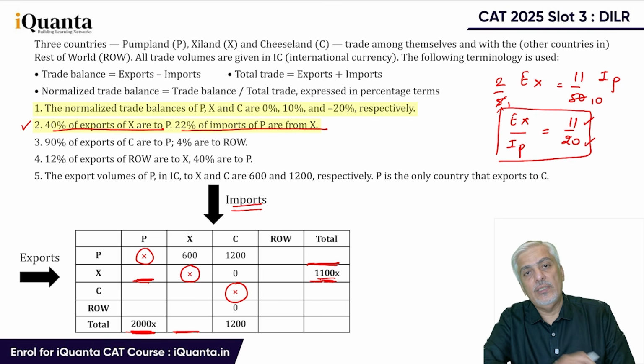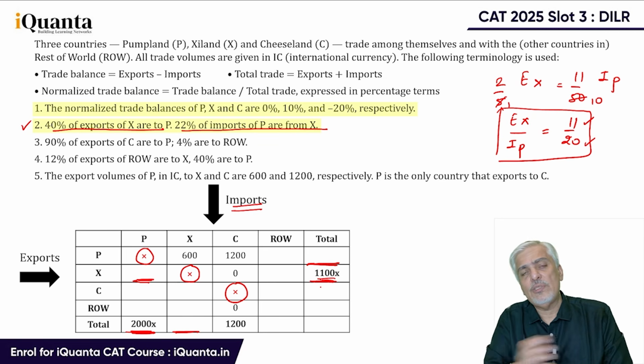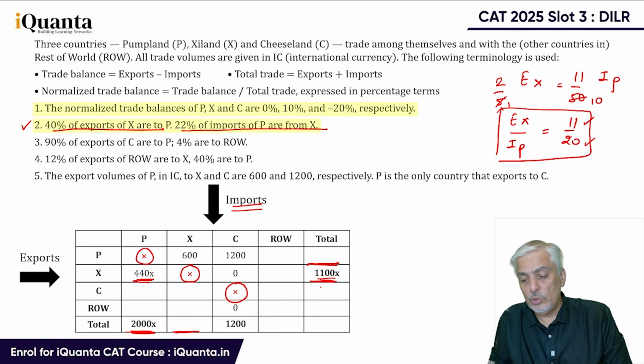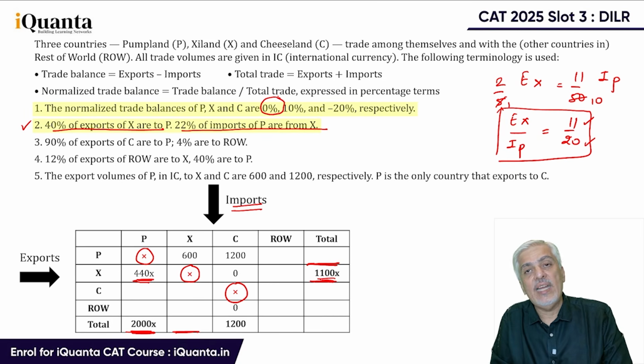It will be the same. 40% of 1100 will be 440, or 22% of 2000, which will also be 440. So whichever way you look at it, the answer is 440x. Very important. We also knew because of this 0%, exports of P and imports of P were the same. So therefore this also became 2000x.